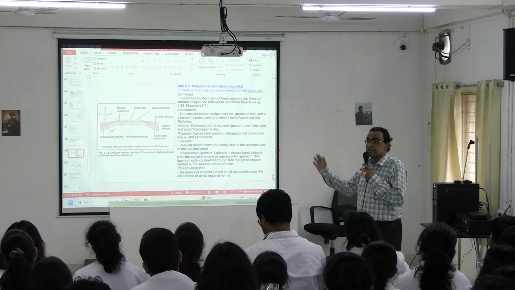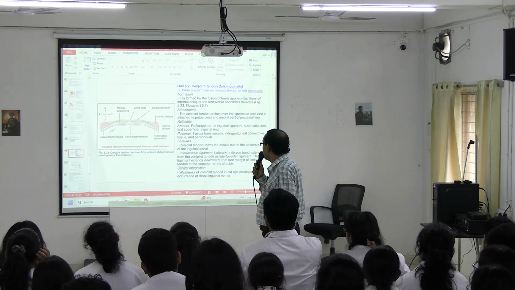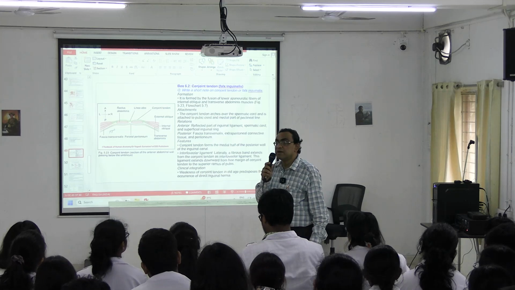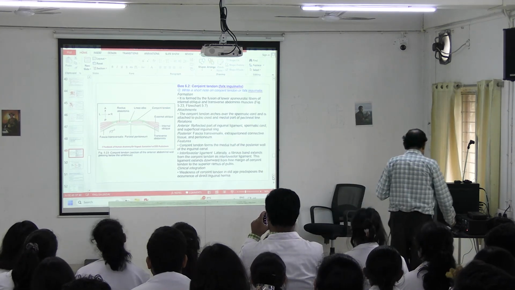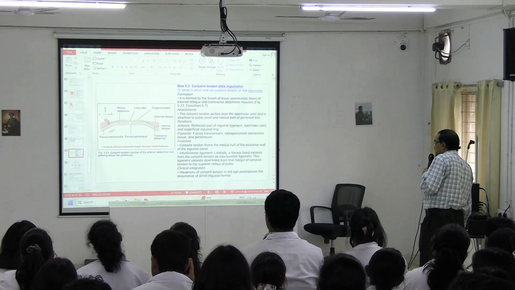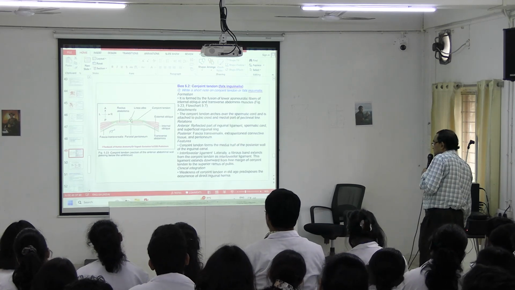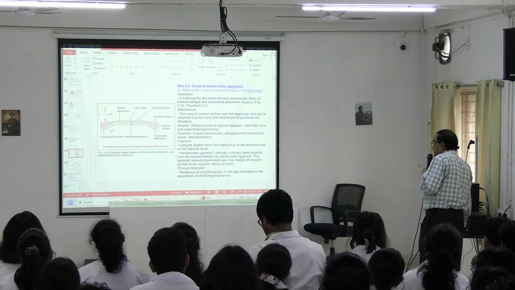So this figure shows the formation or orientation of the rectus sheath. Which one is the rectus muscle? This one is the rectus muscle on either side. This is one and this is another one, and this is the linea alba, this is the midline.